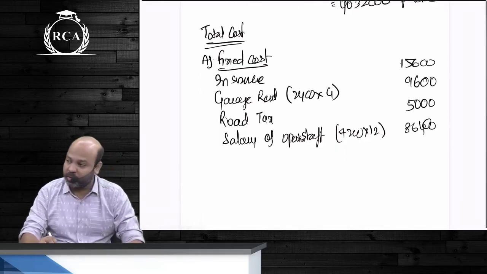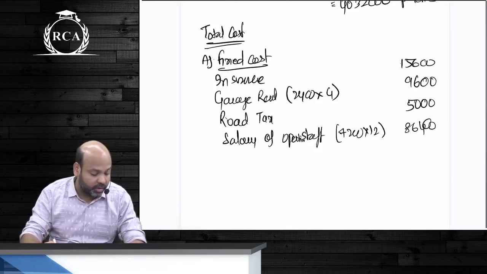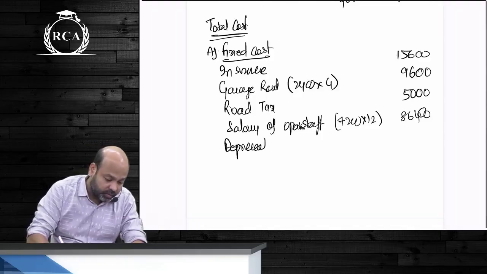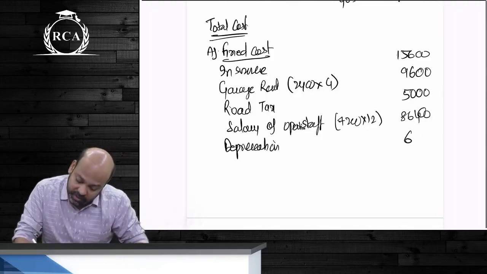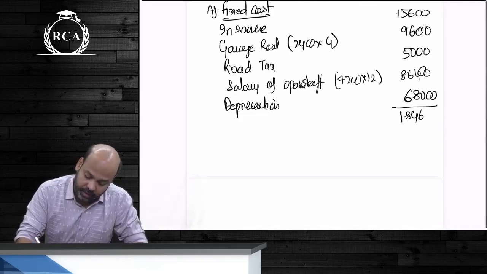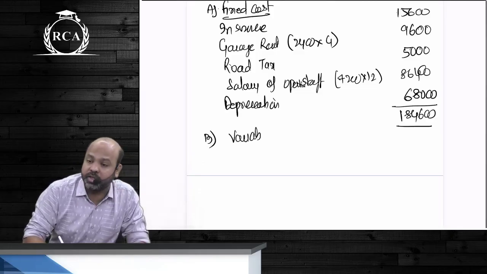Tires and tubes, we will put under repairs and maintenance. Diesel, oil and sundries also under variable. Depreciation is 68,000. What is the sum total of your fixed expenses? 1,84,600. Next, variable expenses or running charges.